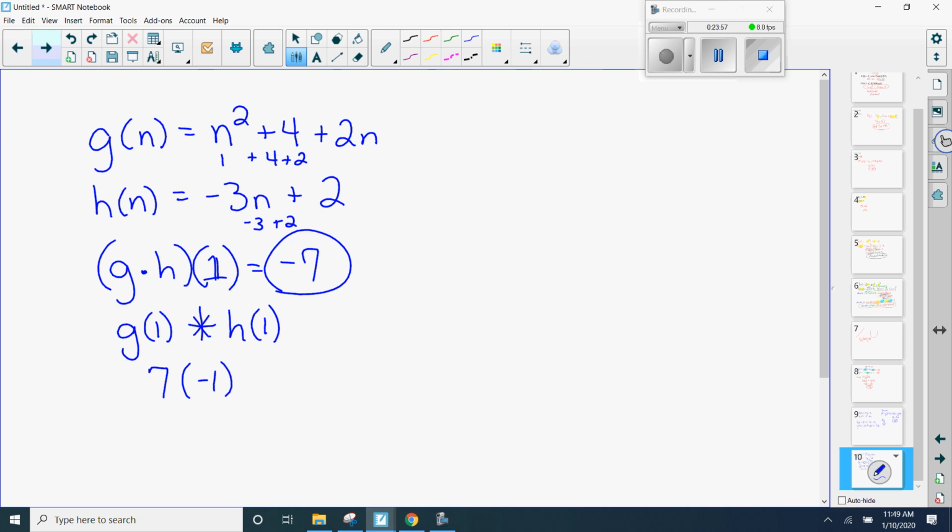Guess what the other type of notation is? For this one, what if I asked you this? What is g over h of n? This is saying I want to take g of n and divide by h of n.